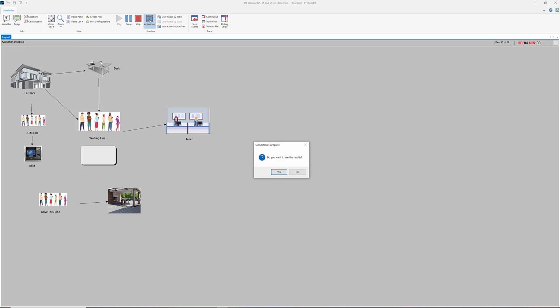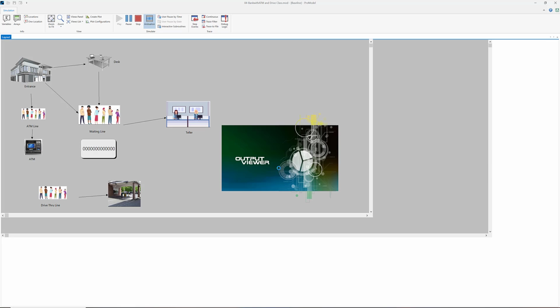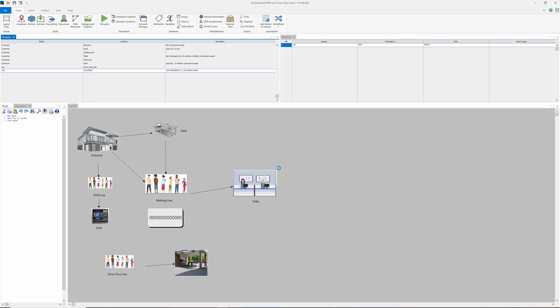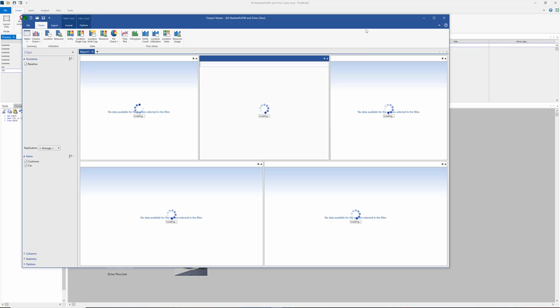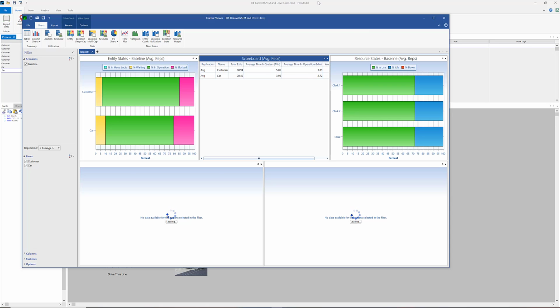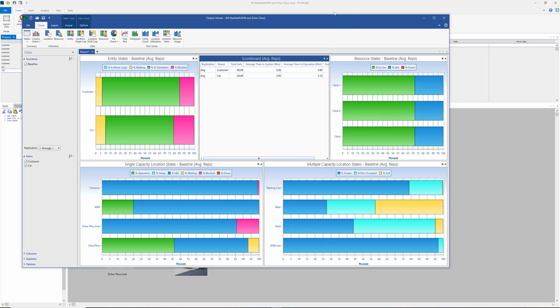Alright, so I'm going to switch that off. Alright, so it's finished. Okay, so now we have resource output as well.